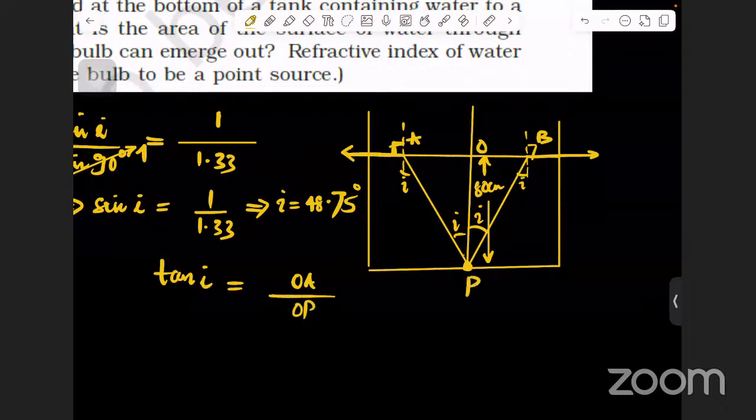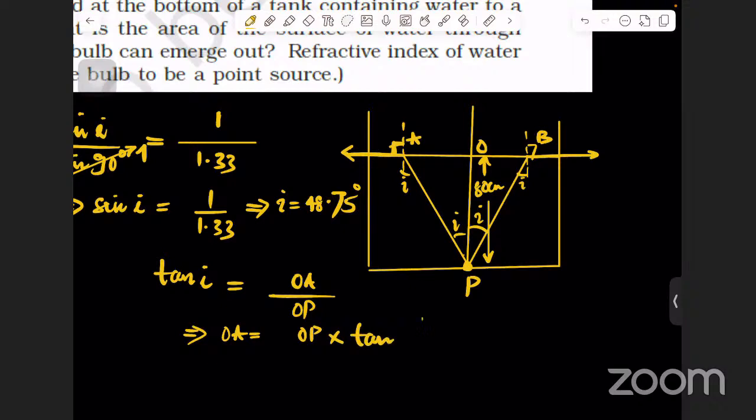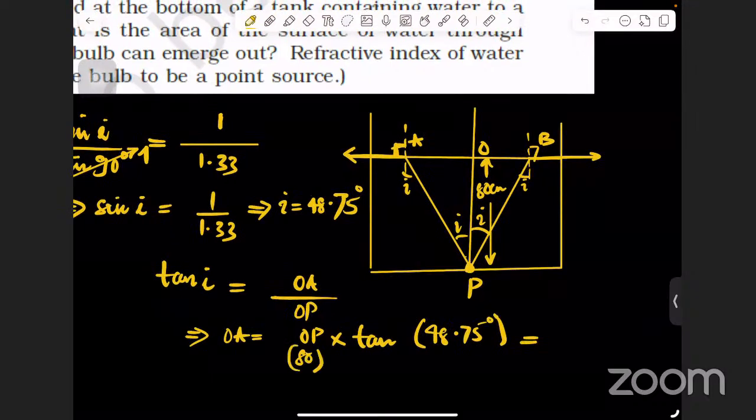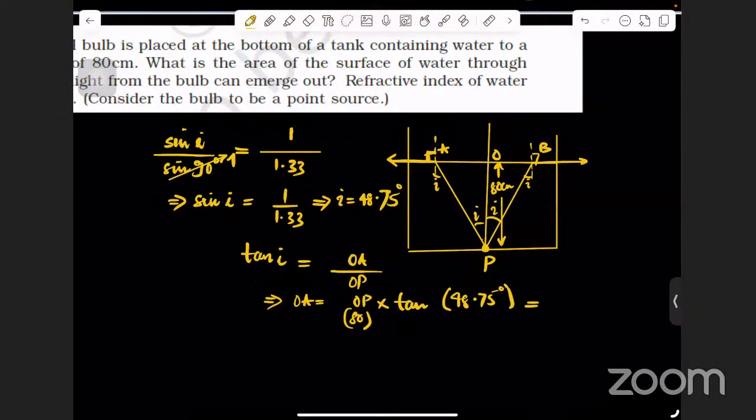OA upon OP. That implies OA equals OP into tan I, which is 48.75 degrees, and OP is 80. So 80 times tan 48.75 degrees. And that comes out to be 0.91.